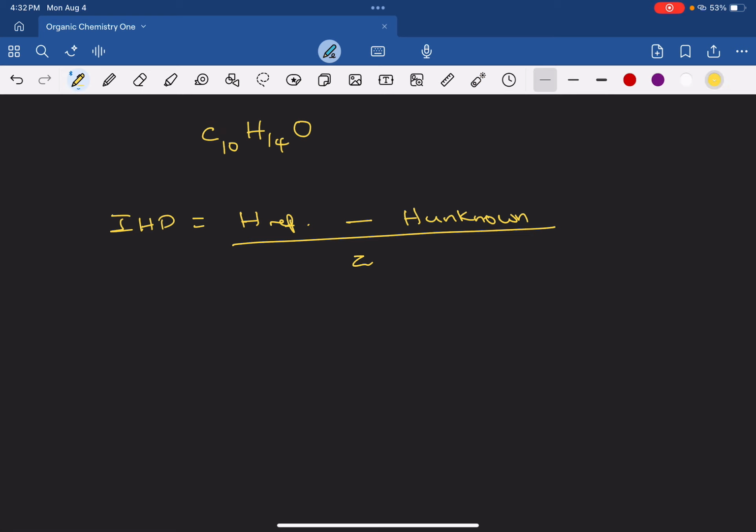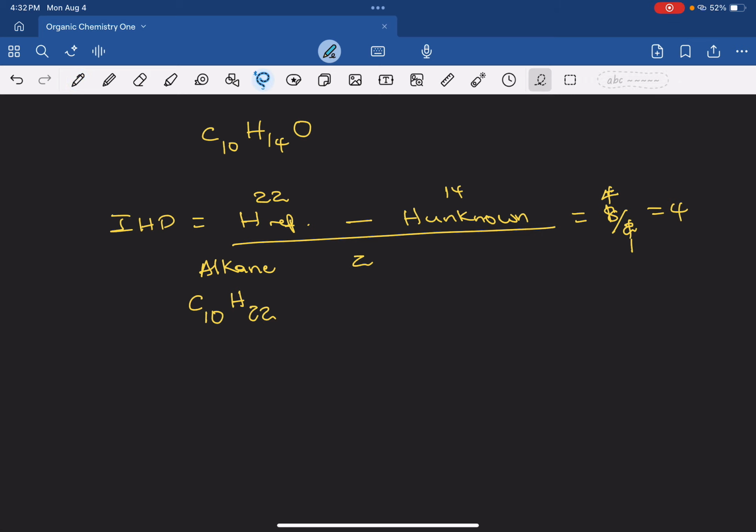It's 10, so my reference will be the alkane with 10 carbons. 10 times 2 is 20, plus 2, H22. So this is 22 minus the number of hydrogens in my unknown, which is 14. 22 minus 14 is equal to 8. Divide that by 2, 4, so I have 4.